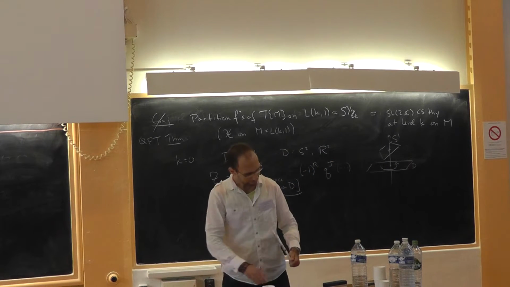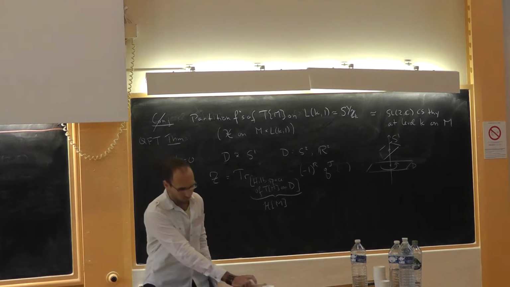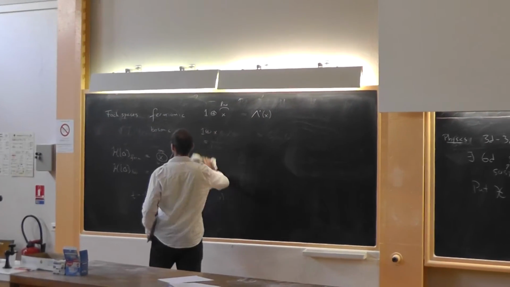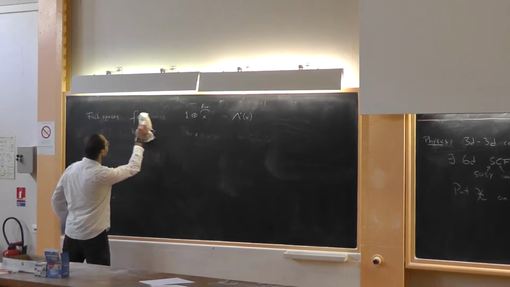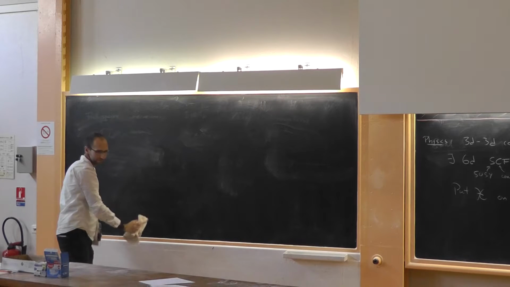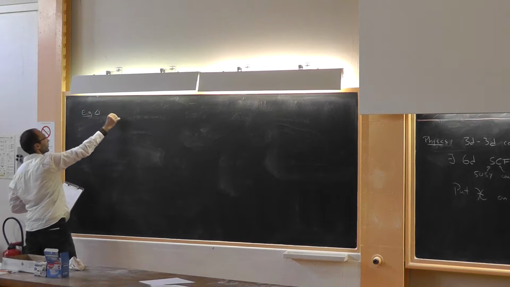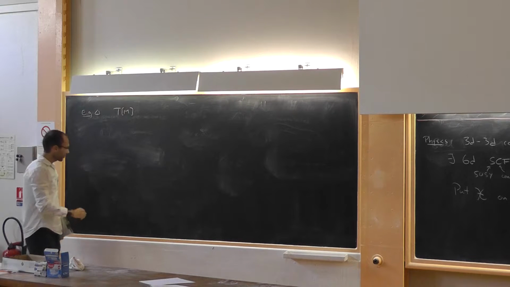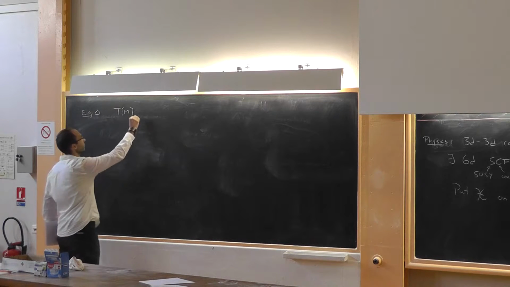So in our example, the simple example of an ideal tetrahedron, T of M turns out to be the simplest possible theory one can have, the simplest possible supersymmetric theory one can have in 3 dimensions.